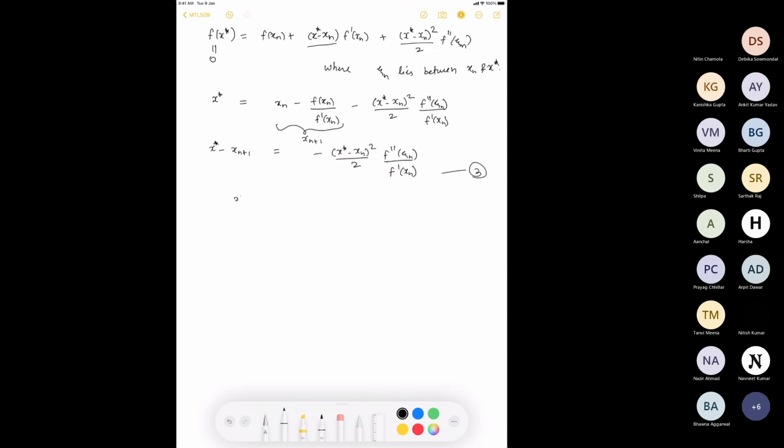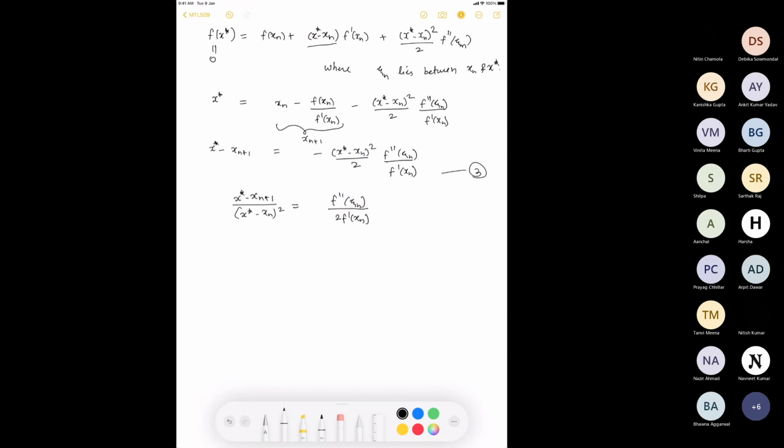Okay, so from here we can observe that (x star minus x_{n+1}) divided by (x star minus x_n) squared is f double prime of xi_n divided by 2 f prime of x_n.